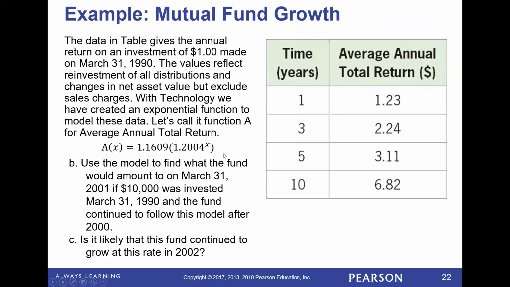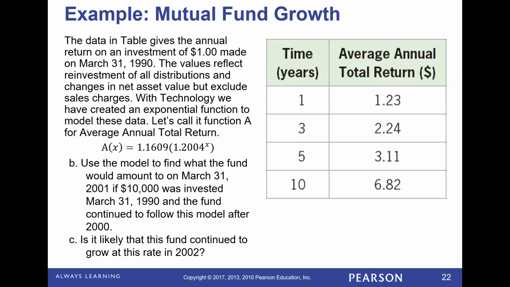Okay. So now that we've created this beautiful model, I want us to use the model to find out what the fund amount would be on March 31st, 2001, if $10,000 was invested. And the fund continued to follow this model even beyond the year 2000.